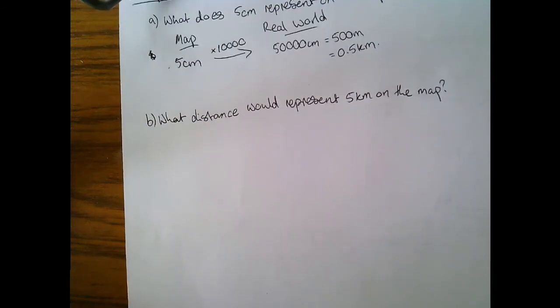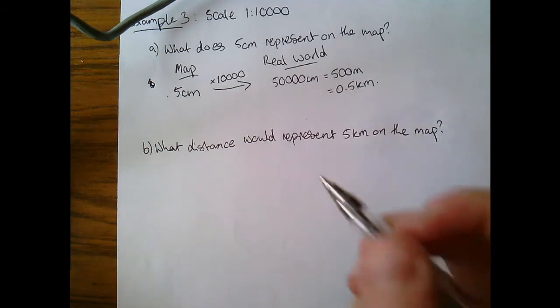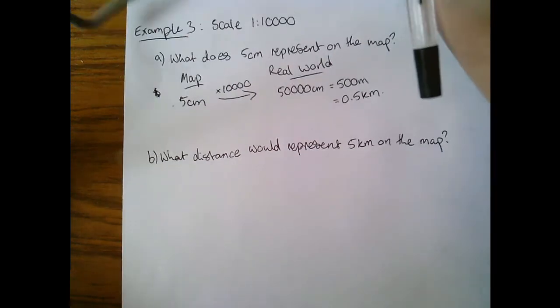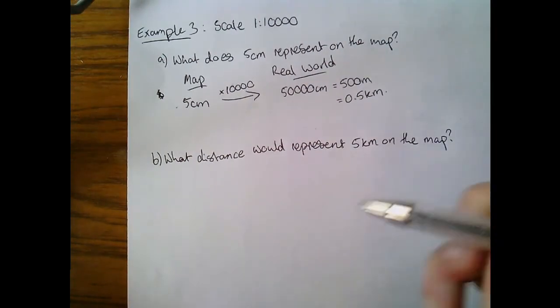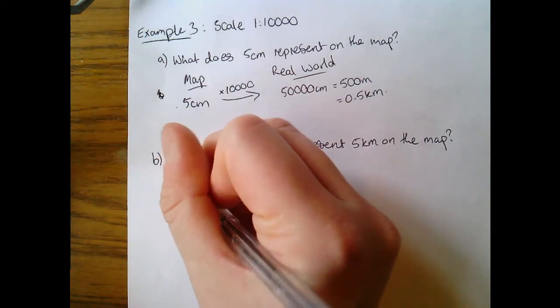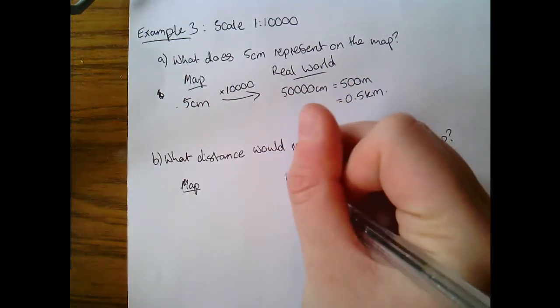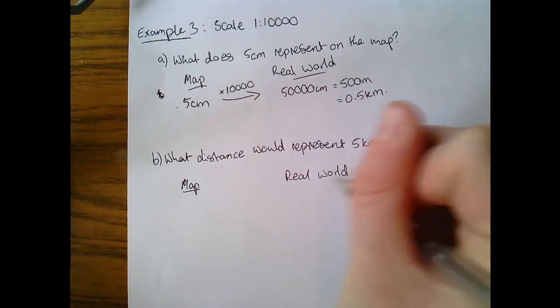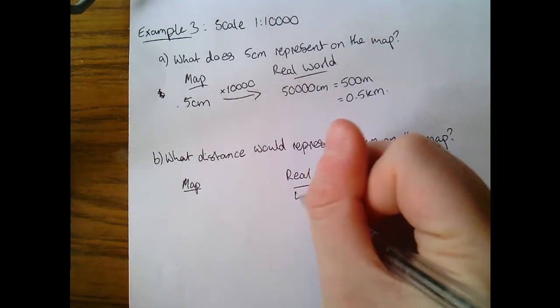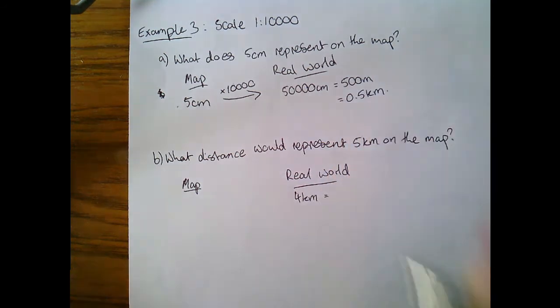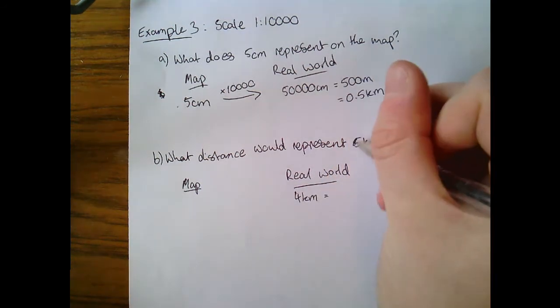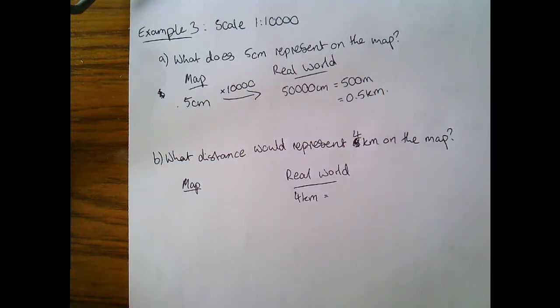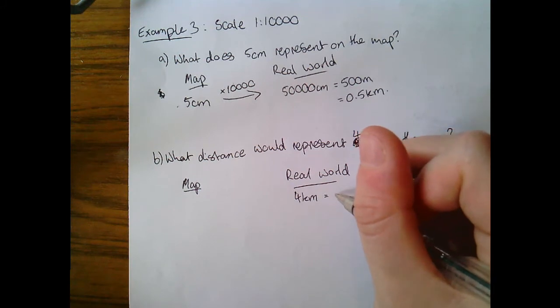Then a similar thing again: what's the distance that represents 4 kilometers on the map? We start with our headings again, map and real world. If we start with 4 kilometers, sorry, I've written 5 here, the question says 4, we need to convert this into centimeters.